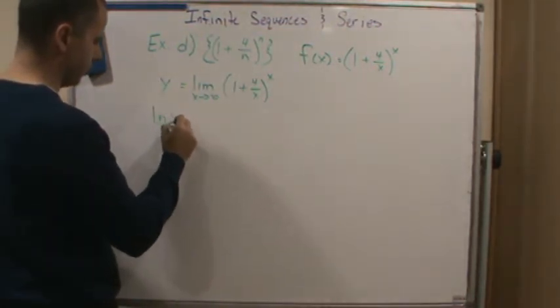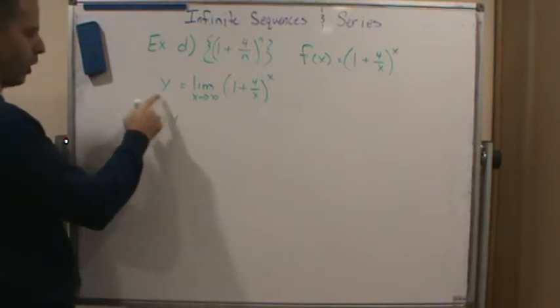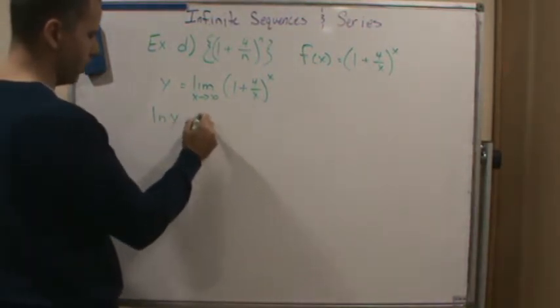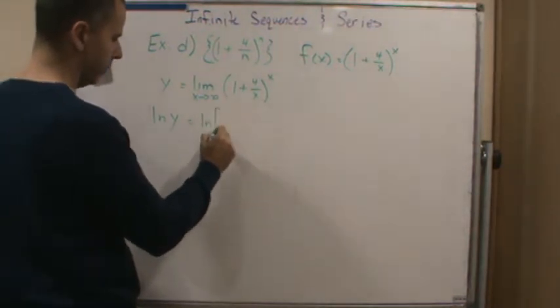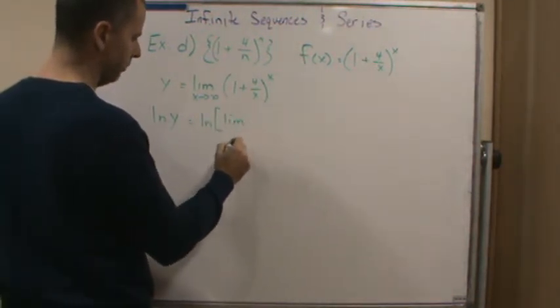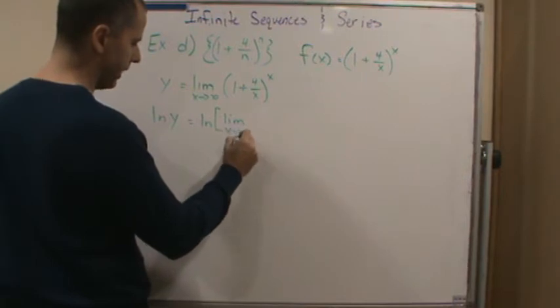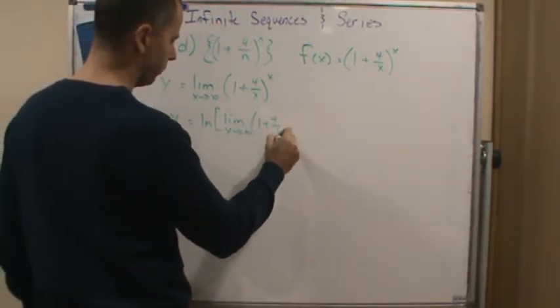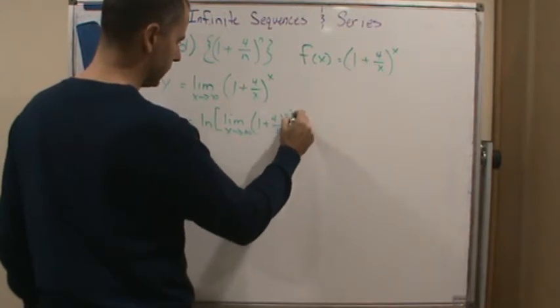So I'm going to take the natural log of y, and now I'm going to solve for the natural log of y, which is going to be the natural log of the limit as x approaches infinity of (1 plus 4 over x) to the x power.